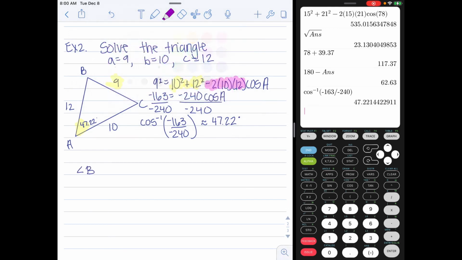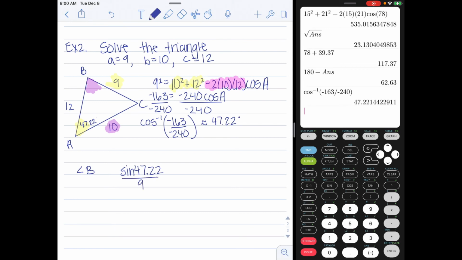So if I'm looking for angle B, the side across is 10. I already have a setup of an angle knowing its side. So I'm going to use the law of sine for this, possibly a little bit quicker.